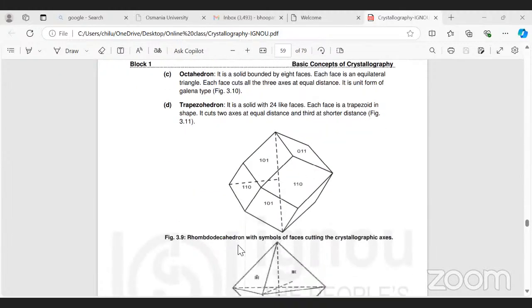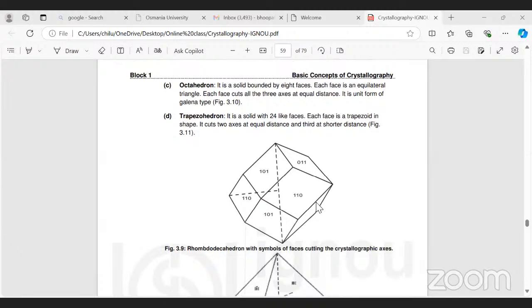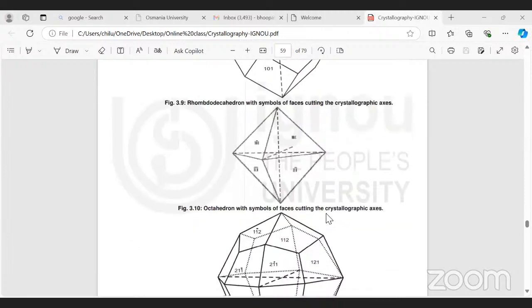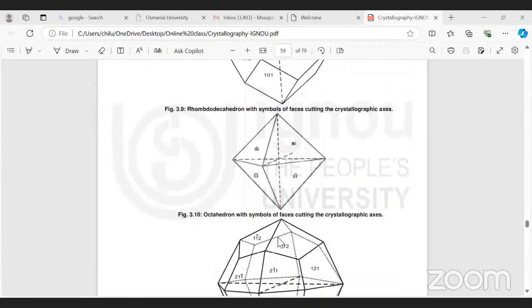Practically, if you see it, you will get a good idea and good experience. Next one is the octahedron. It has 8 faces. The top one 4 and the bottom one 4.